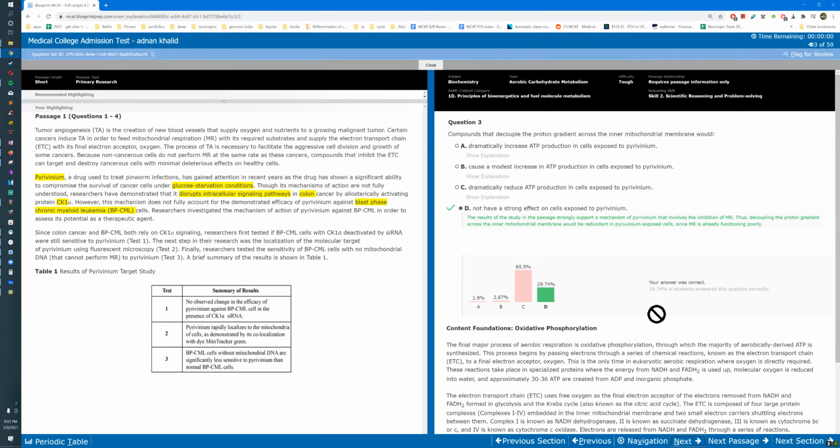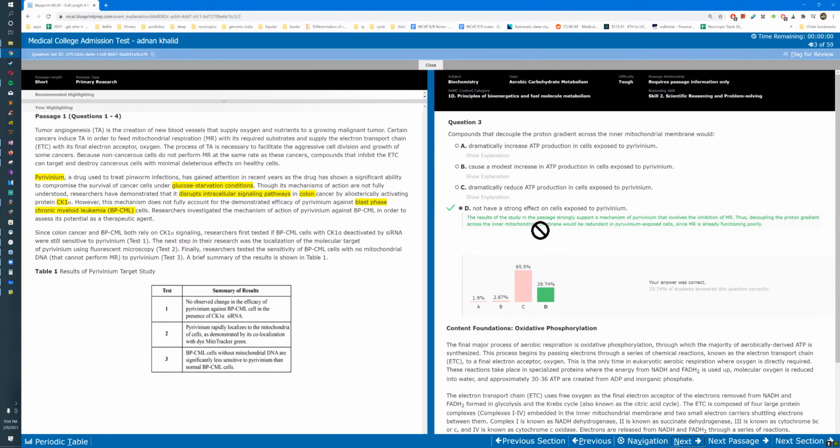I'll try to go faster. Compounds that decouple the proton gradient. Alright, so these are things that make it so the proton pump is no longer coupled to the ATP synthase, which uses that proton gradient to create ATP.